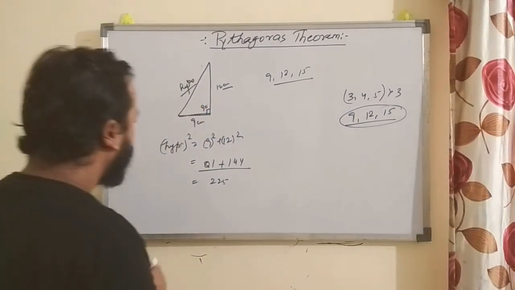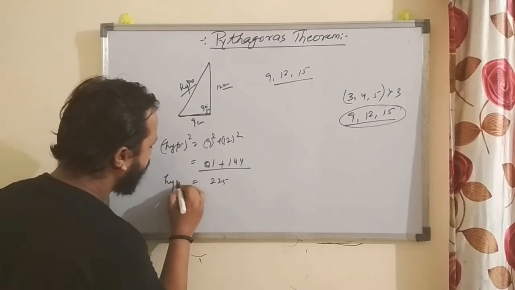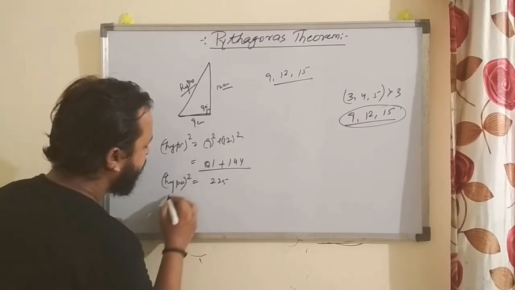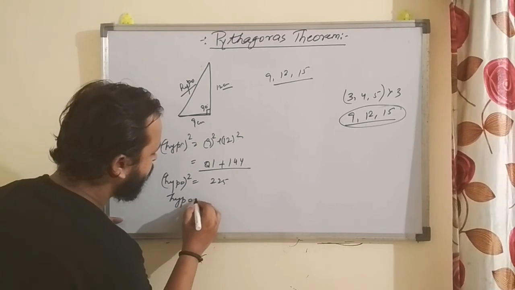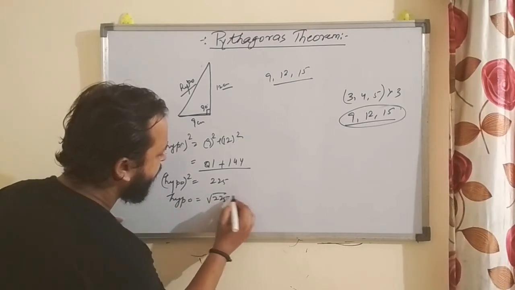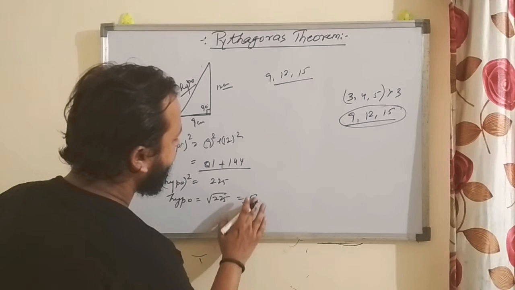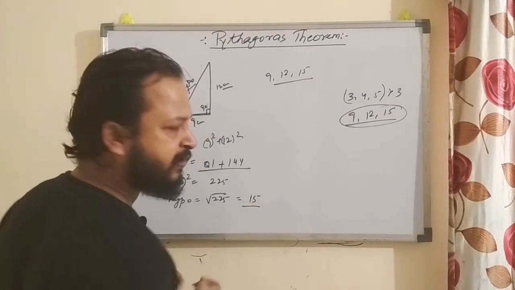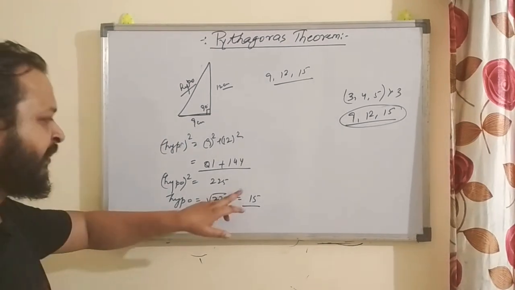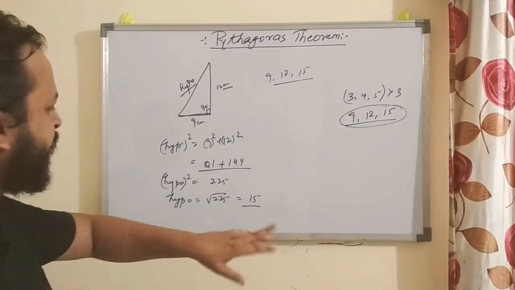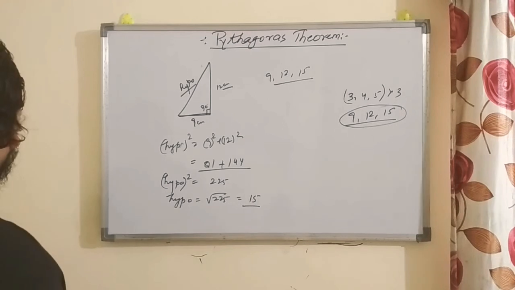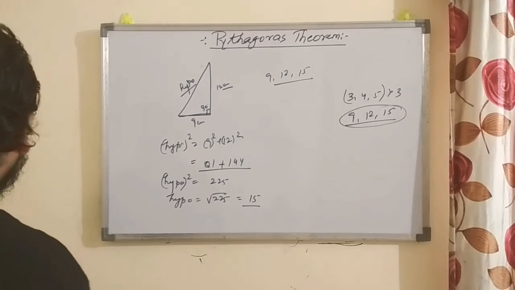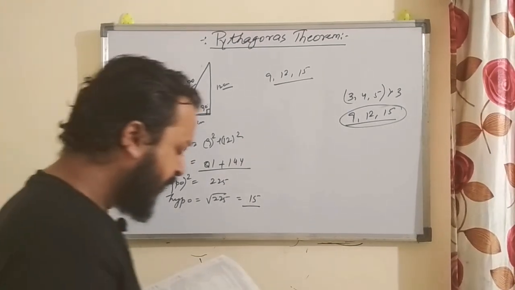So hypotenuse square is 225, so the hypotenuse is equal to the square root of 225, and that equals 15. I'm not going to enter into the plus minus concept. Here the length must be positive, so we are taking it as positive. So this way you can do it.